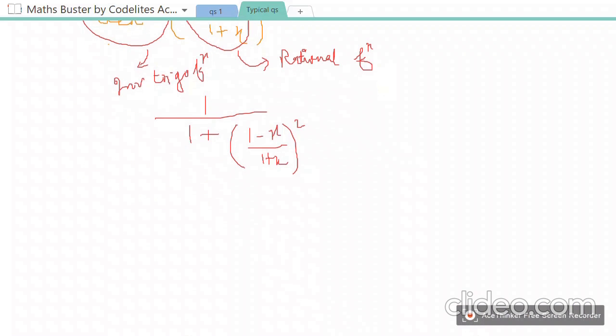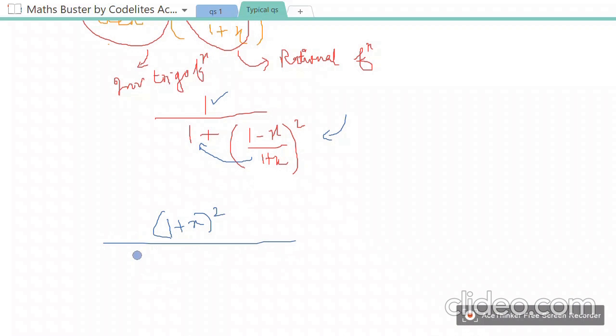In the next step we multiply, and the denominator of this comes here: 1 plus x the whole square upon 1 plus x the whole square plus 1 minus x the whole square.